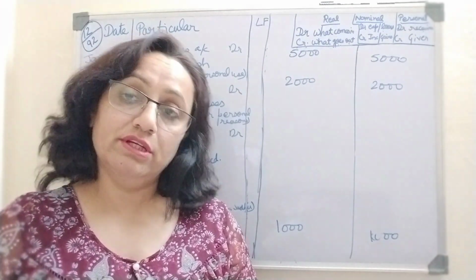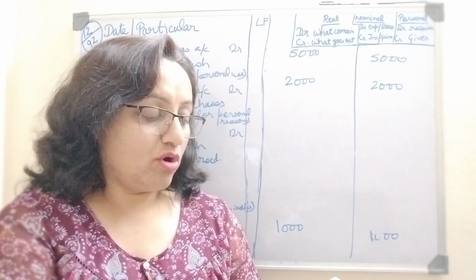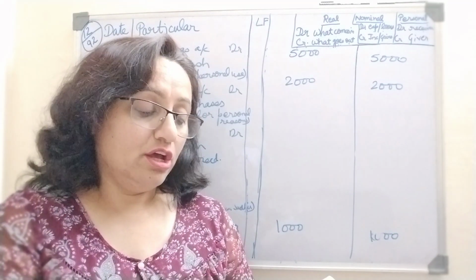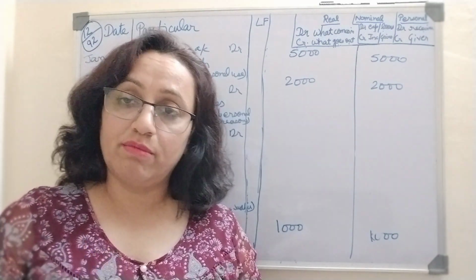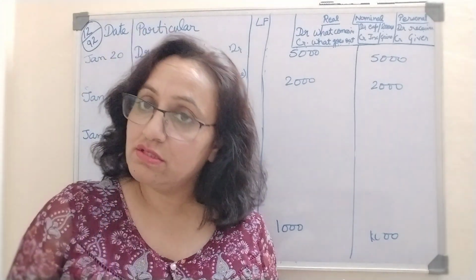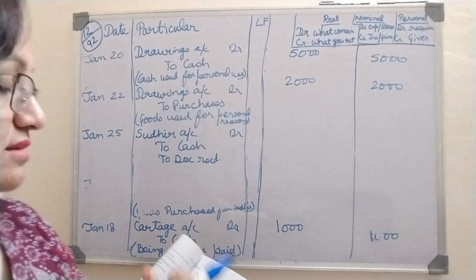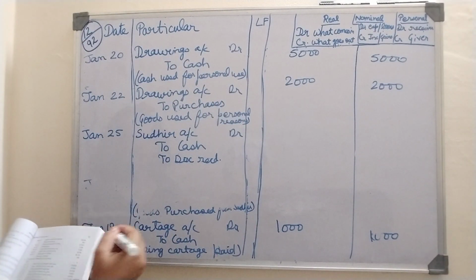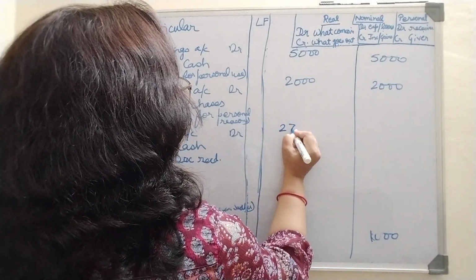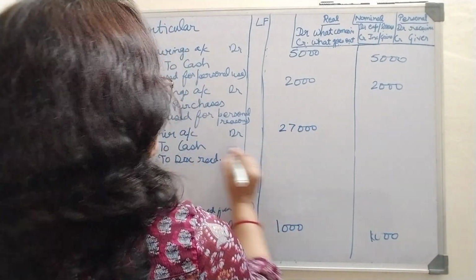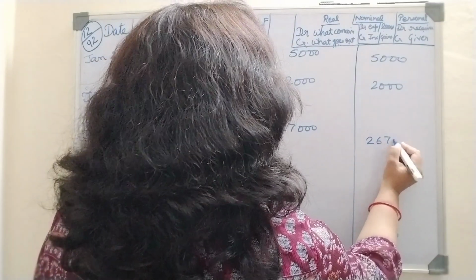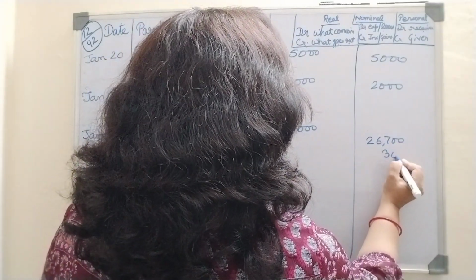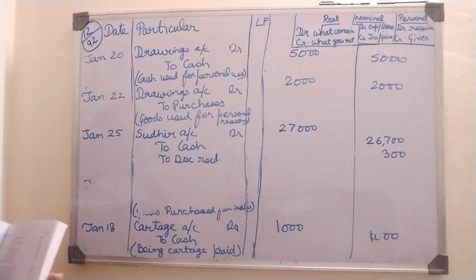See, the total is coming to 27,000. And according to the January 14 transaction, 27,000 was the actual amount which we were supposed to pay to Sudhir. So please look at it carefully. Sudhir's account we will finish with 27,000. Cash we have given him 26,700 and we have received a discount of 300.